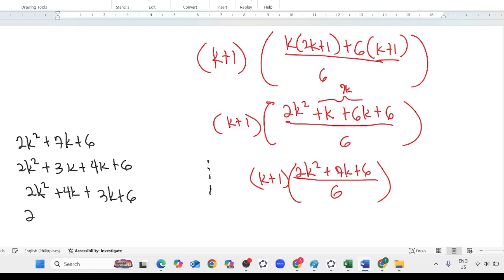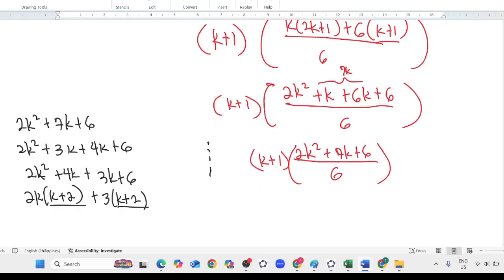Factor out 2k, so it becomes k plus 2. Plus here the common factor is 3, and that is k plus 2. Okay. So we can create that as one factor.